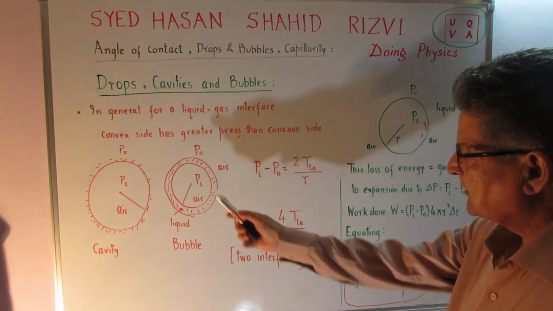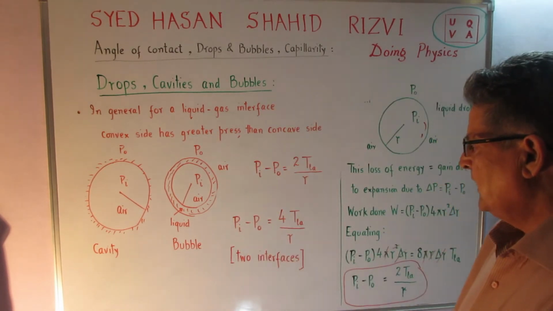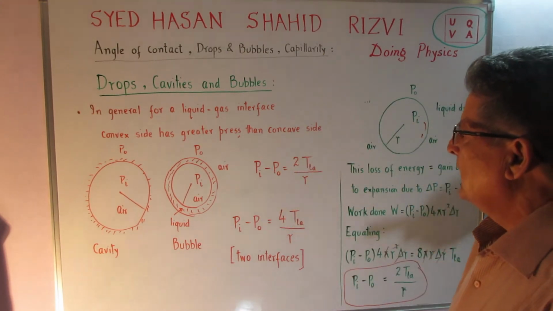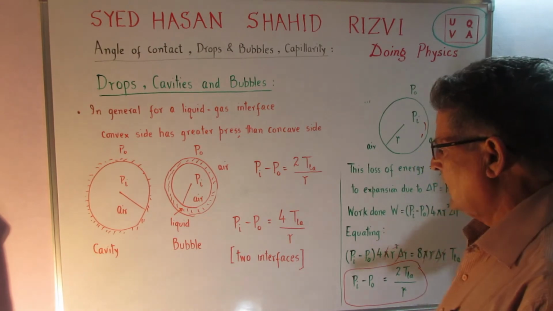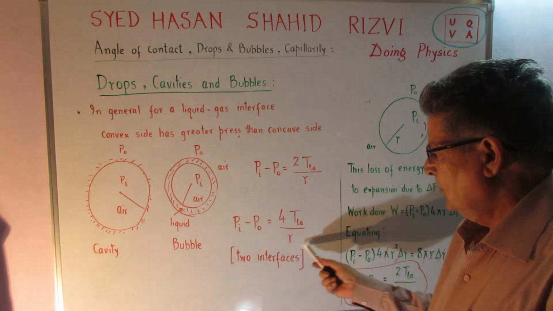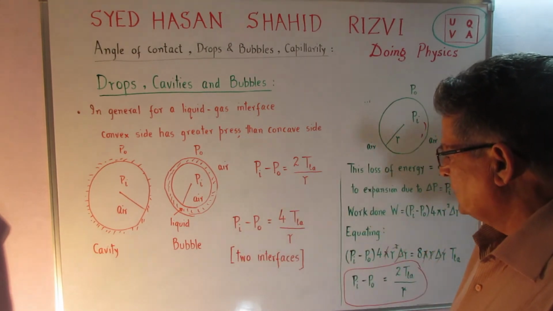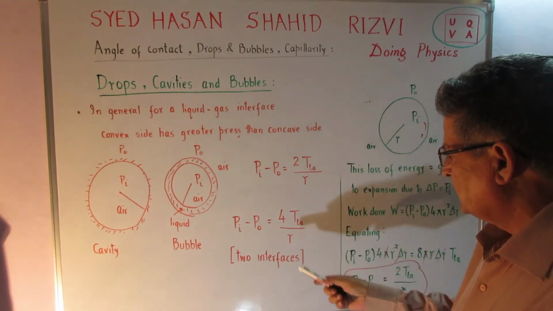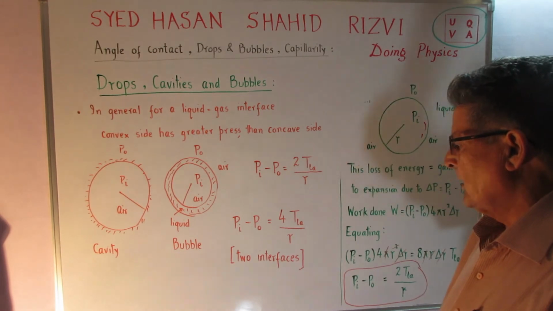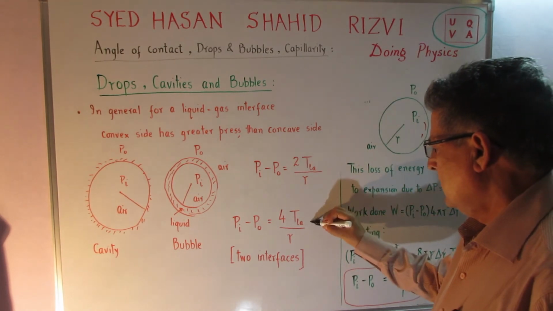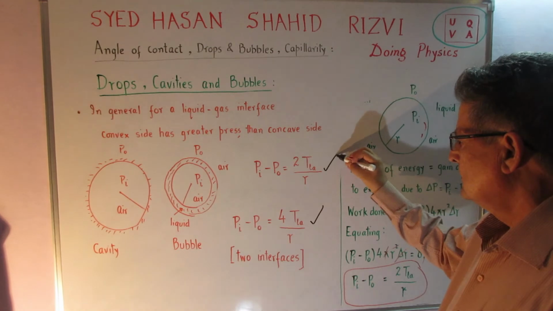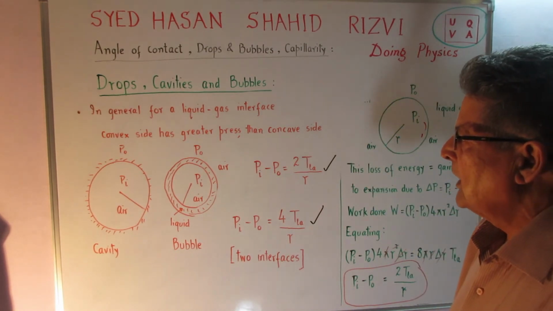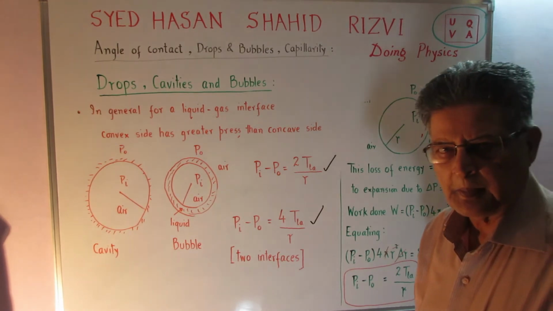Because it has got two interfaces, the formula which we got, Pi minus Po is equal to 2TLA upon R, turns out to be Pi minus Po is equal to 2TLA upon R plus 2TLA upon R for the two interfaces, and that makes it 4TLA upon R. So that does for the drops, cavities and bubbles.